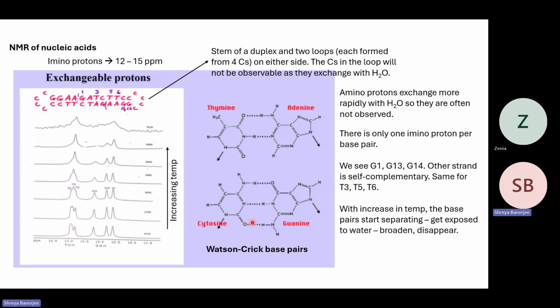This NH is from NH2, this is from NH2. So there is a single NH in GC. So each NH peak is representative of one base pair. So we will see G1 and then G13 and G14.